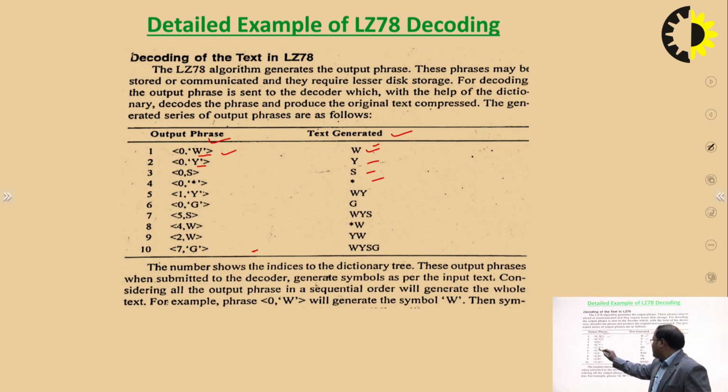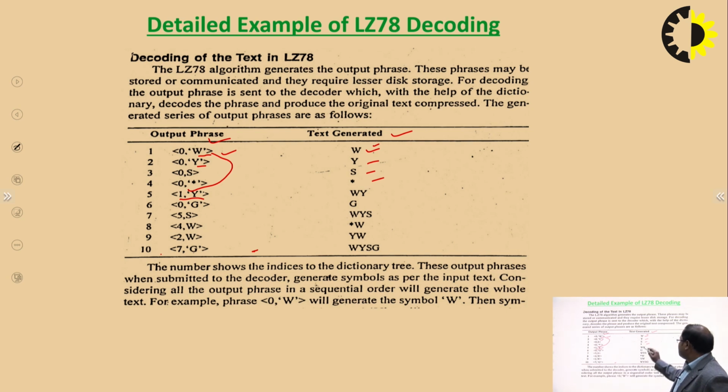Now 1 comma Y. So 1 is showing this thing, equivalent to W. So in place of 1, W will come, and the next character Y, so WY.